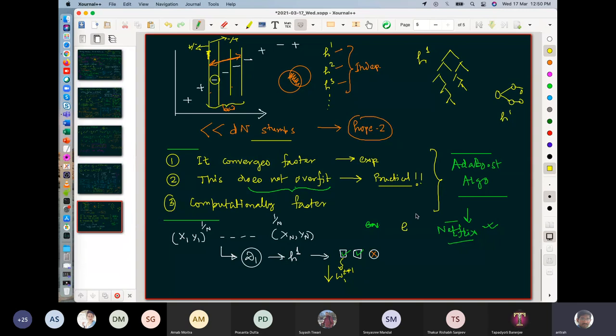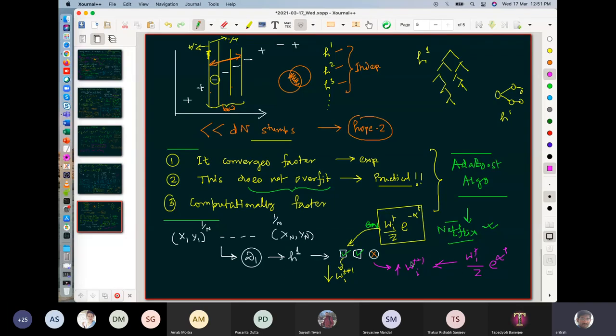As you can easily understand, it is e to the power minus alpha t, divided by Z, so obviously it will get reduced here. On the other hand, your job is to increase the weights of the wrongly classified points in w t+1.